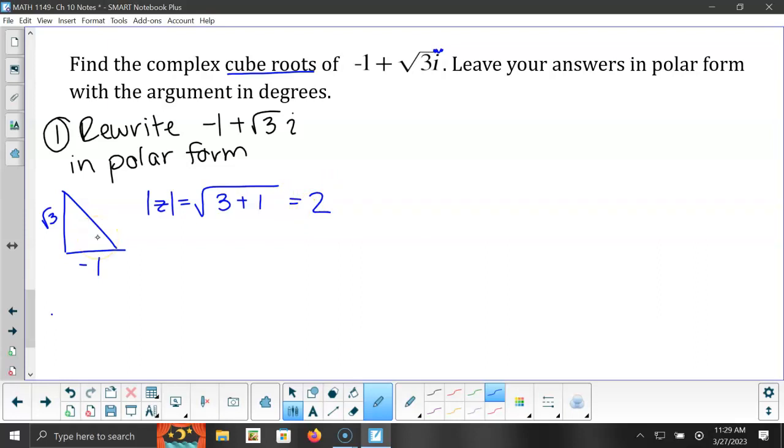Last part is I got to find the theta value. Now, if you want to use your calculator and go that way, you can. Mike? 2 pi over 3? I was going to say, or 2 pi over 3, but notice it says write it in degree mode. Yep, 120.